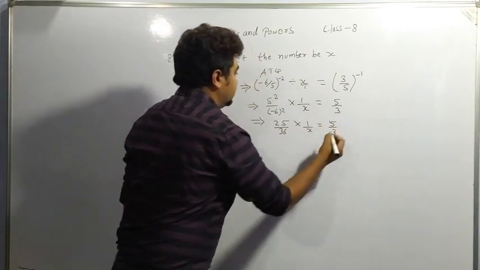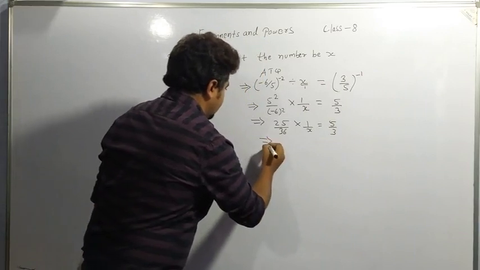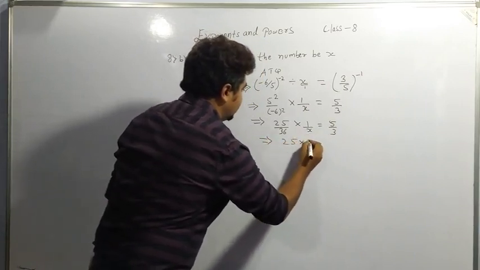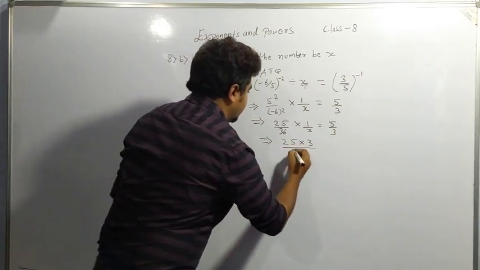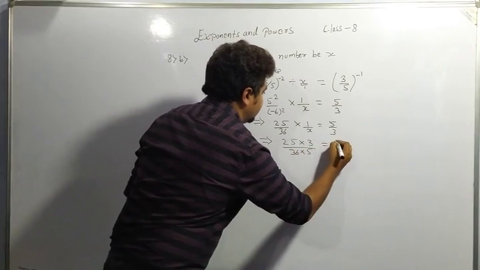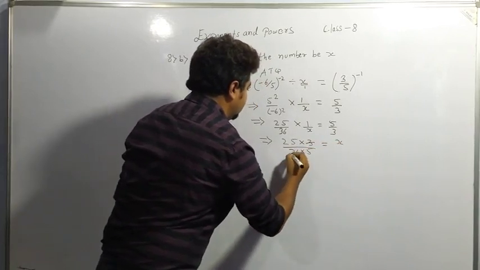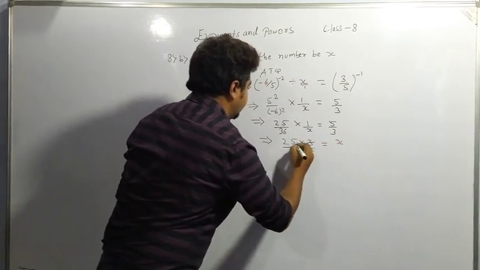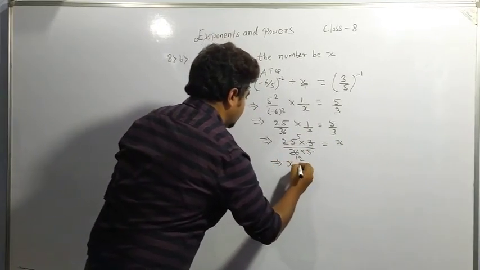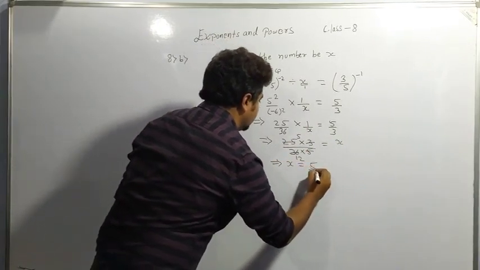We will be taking x to this side. 25, 3 will be coming in numerator, and 36 into 5 will be equal to x. 3, 12 and 5, 5. So x is coming out to be 5 by 12.